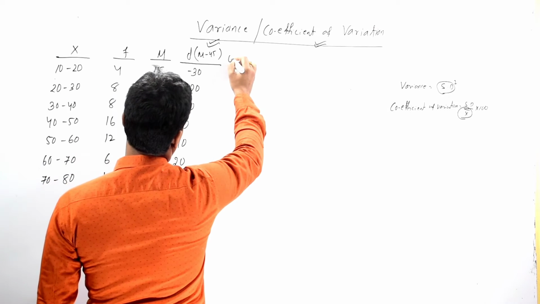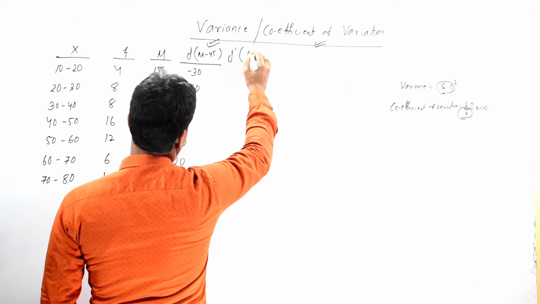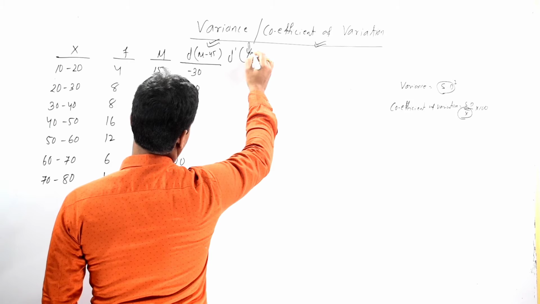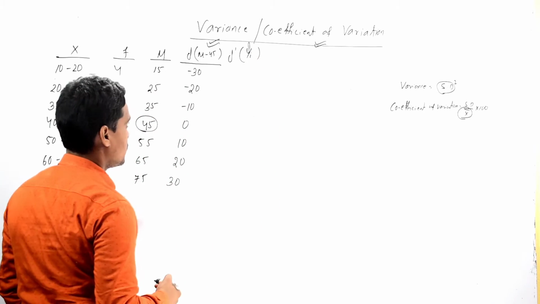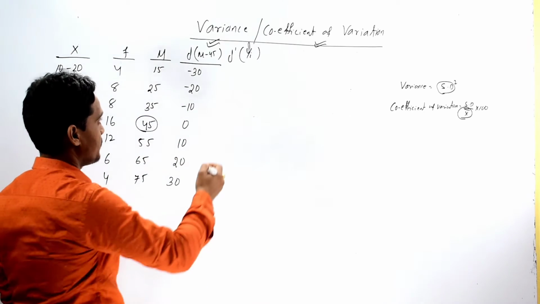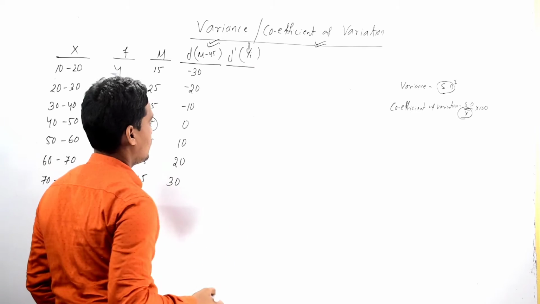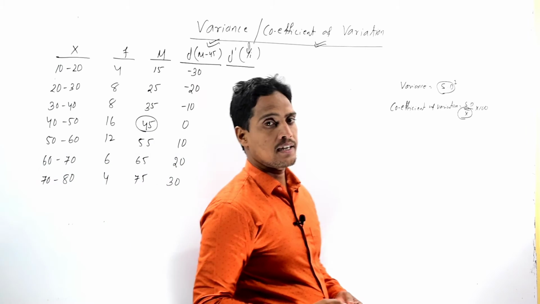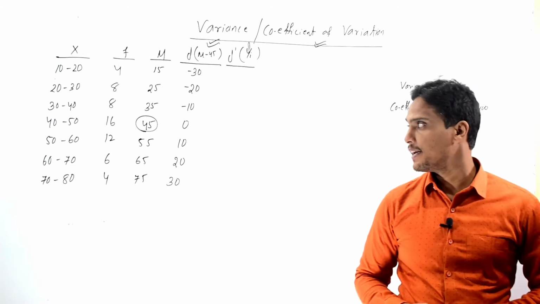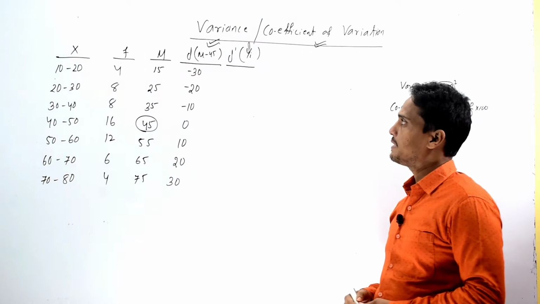Now find out D dash, that is D upon I. That means we should divide the deviations by the common factor or the class interval in order to find D dash.